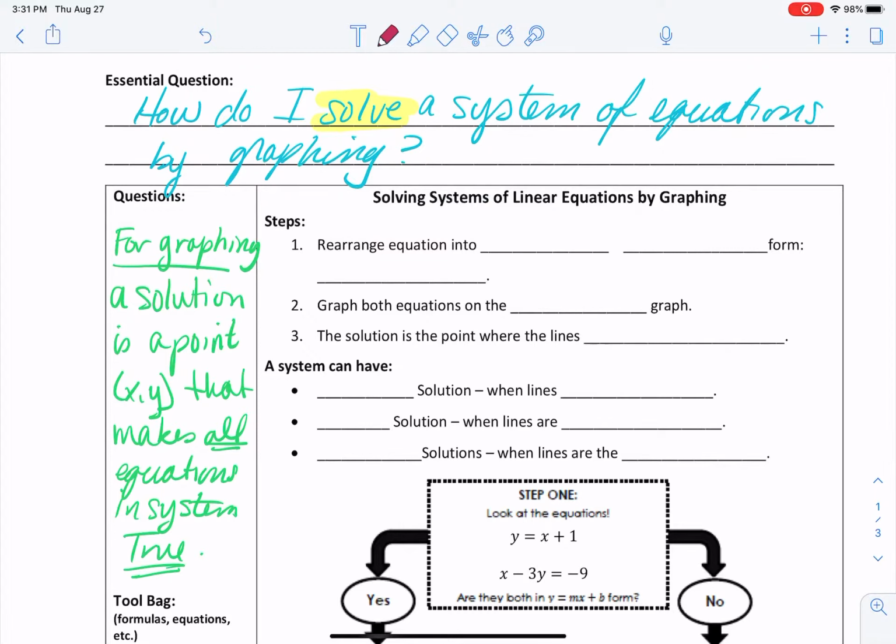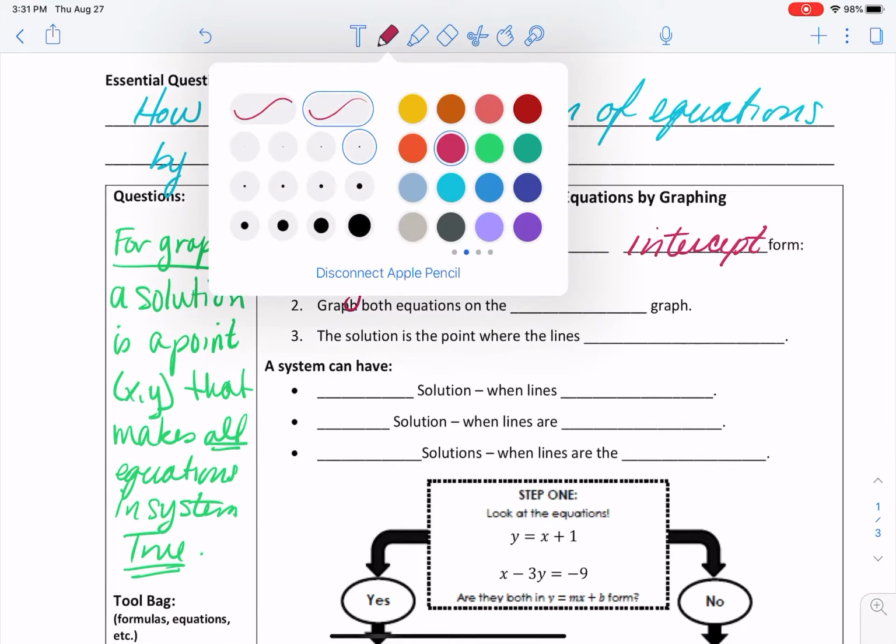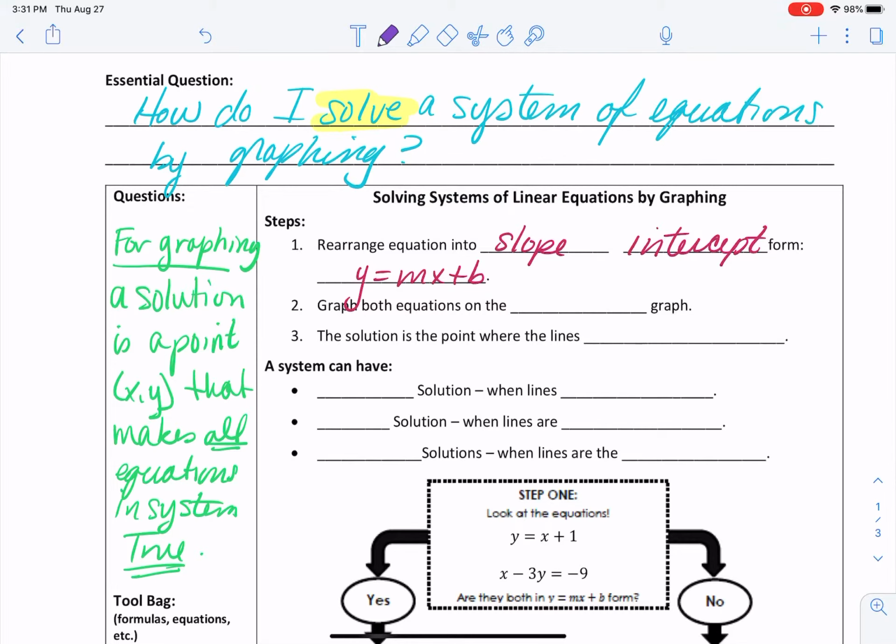So we start by, when you're given two equations, rearranging the equations into slope-intercept form, because that's the easiest way to graph, which is y equals mx plus b. So that I can find the slope and the intercept and be able to graph them.